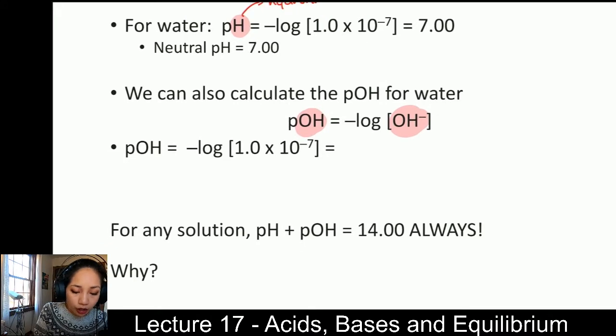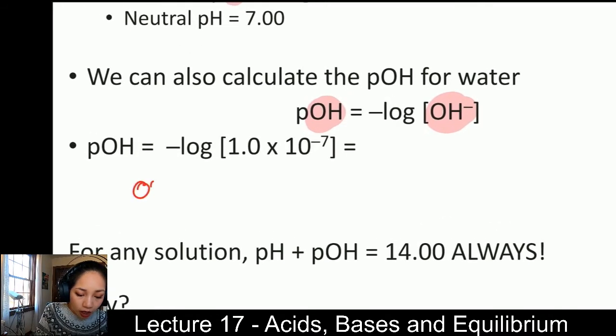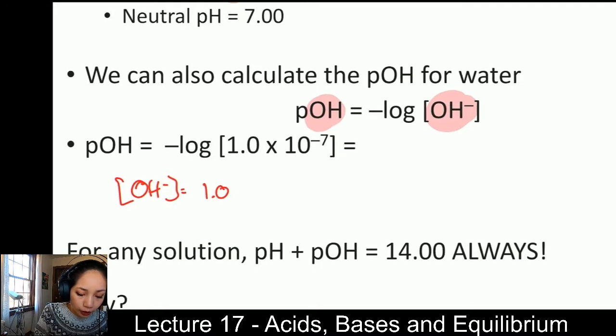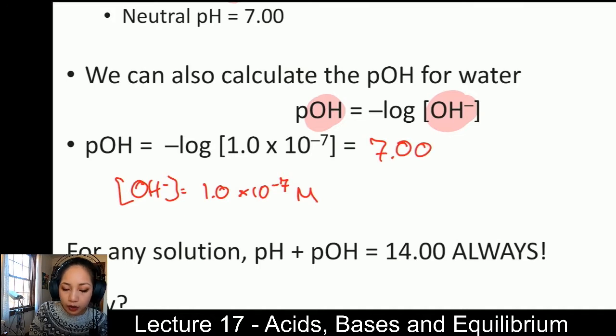All right, and so we know in neutral water, pure water, hydroxide concentration equals 1.0 times 10 to the negative 7 molarity, because those concentrations of hydronium and hydroxide are the same. So pOH for pure water will also be 7.0, how many sig figs? 2. 7.00.